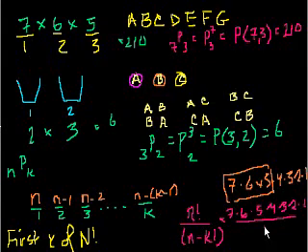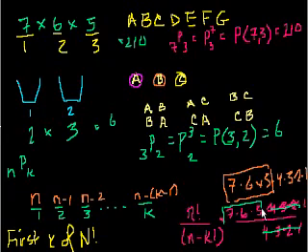So 4 factorial. So it's 4 times 3 times 2 times 1. And of course, this will cancel. Let me do that in a different color. This will cancel with this. And so you're just left with the first 3 of 7 factorial, or the 3 largest components of 7 factorial.